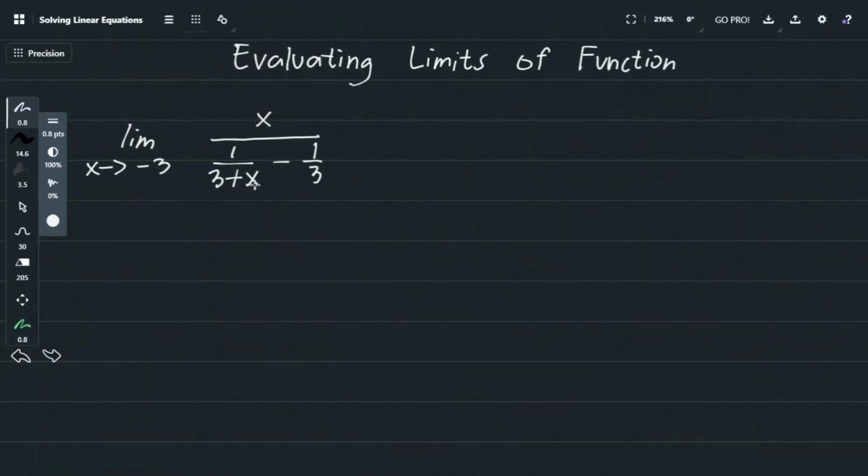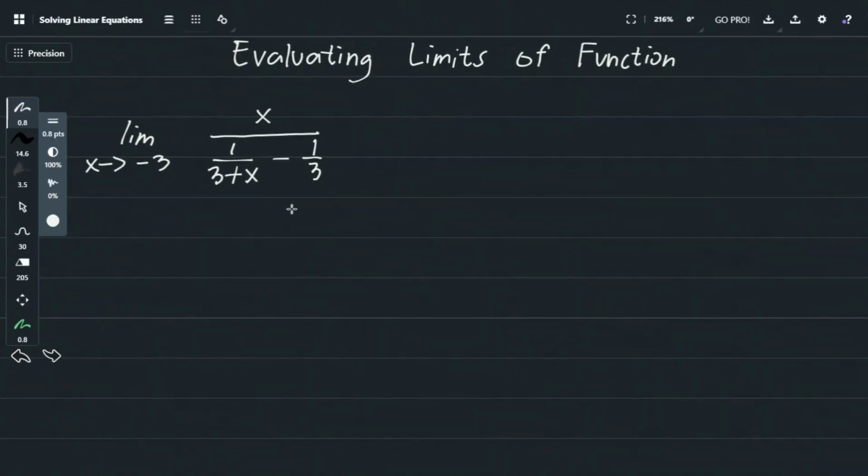Okay, so now we have our last example. We have the limit of x over 1 over 3 plus x minus 1/3 as x approaches -3. Okay, so now you're just going to simplify this expression.